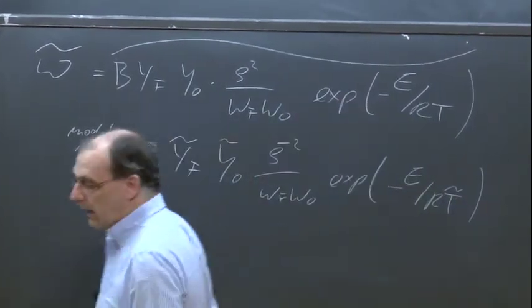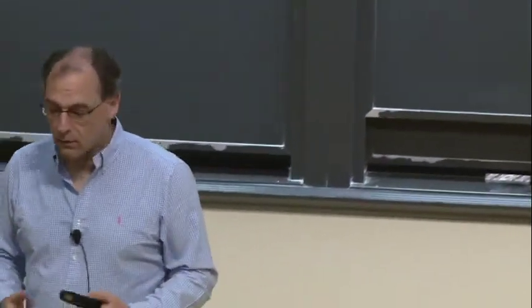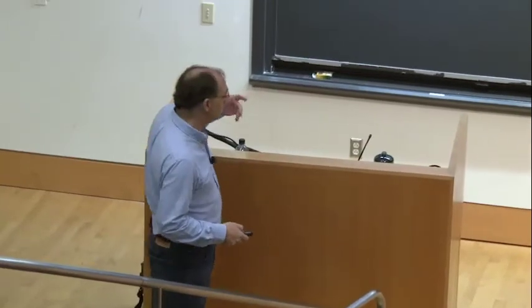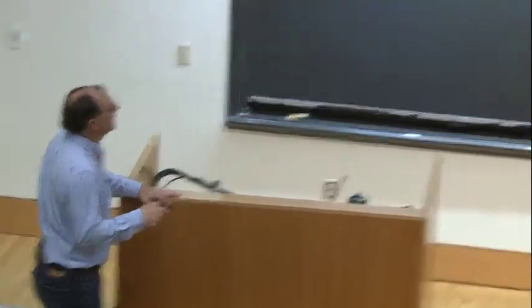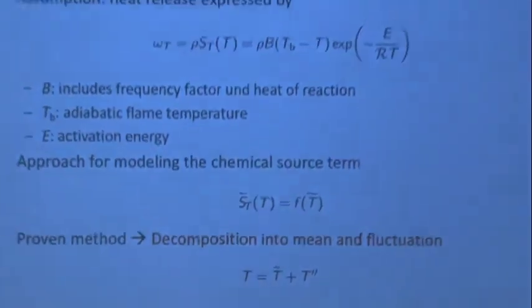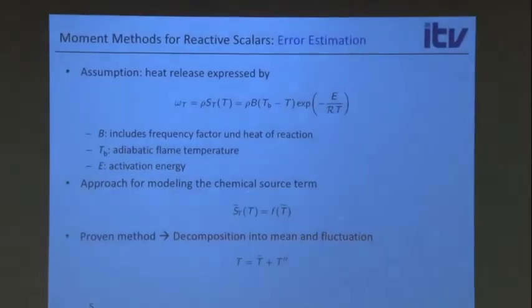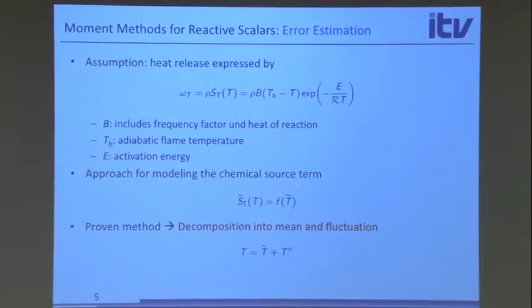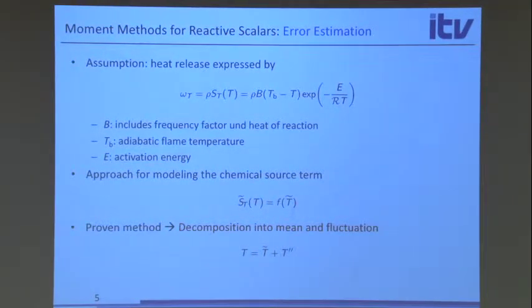This means I don't close anything, I just evaluate the source term with the mean quantities for which I have equations, okay? So I could do that, and then we want to see what's the error we would make. This is the assumption I just made: the mean source term is the same as the source term evaluated with the mean quantities. Okay, that would be one way to do it.